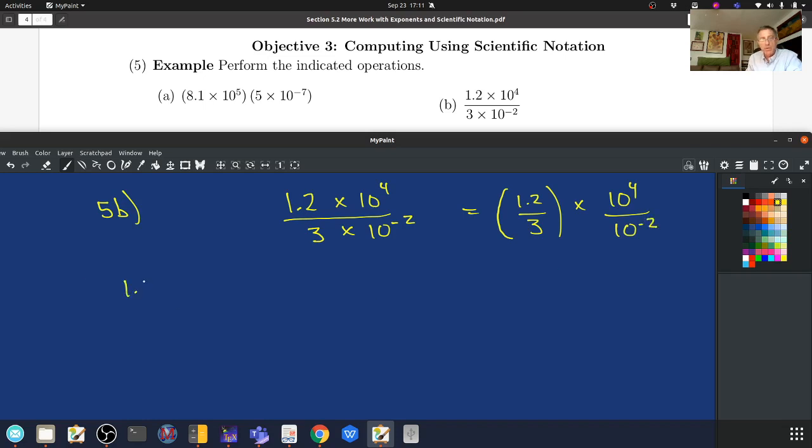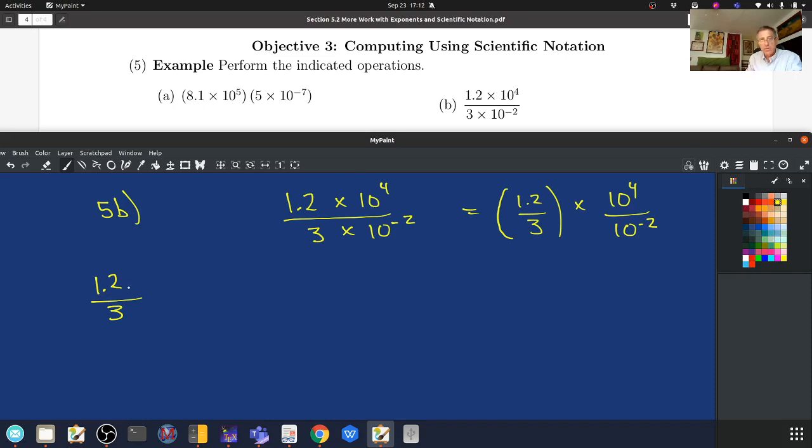Now 1.2 divided by 3. I want to get rid of that decimal. So what do I do to get rid of the decimal?